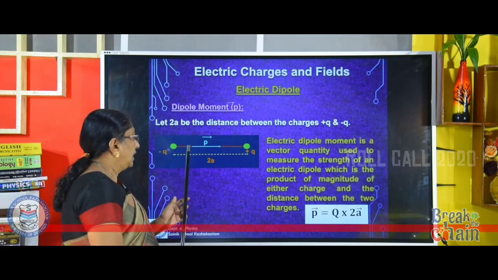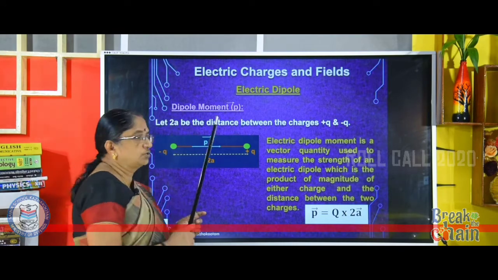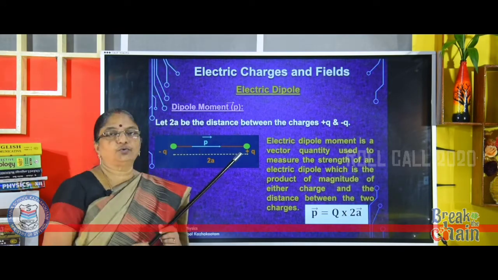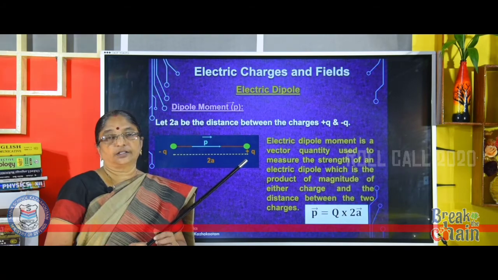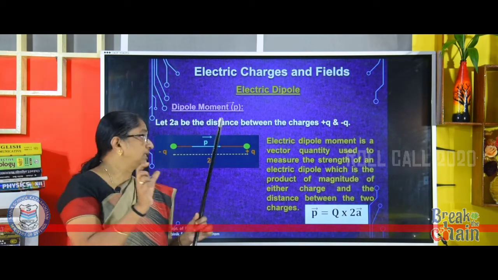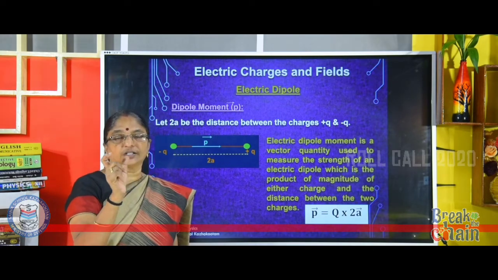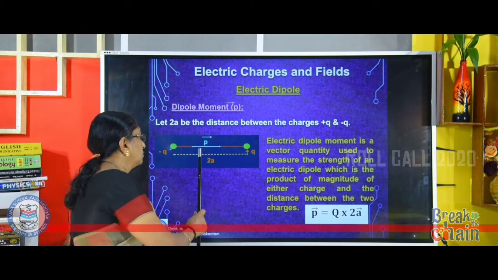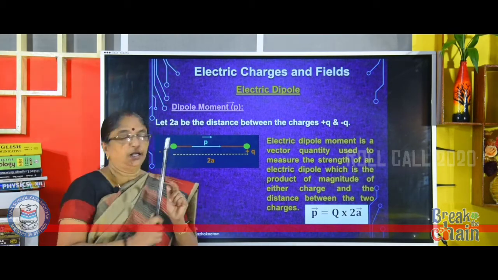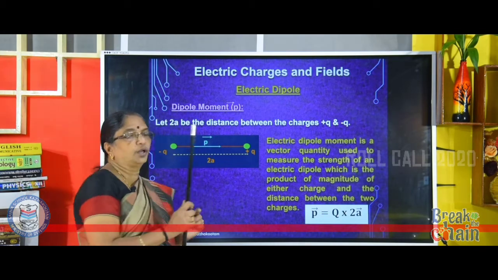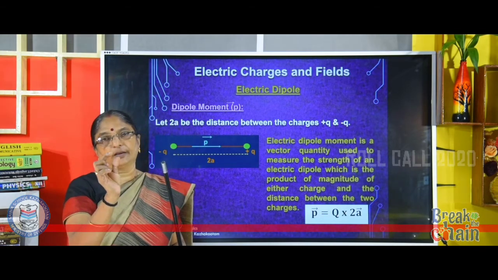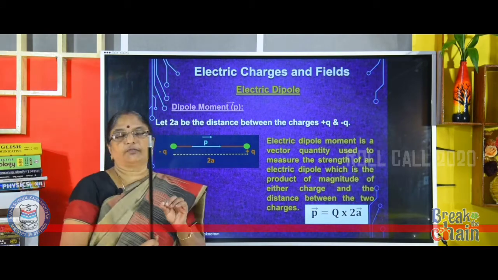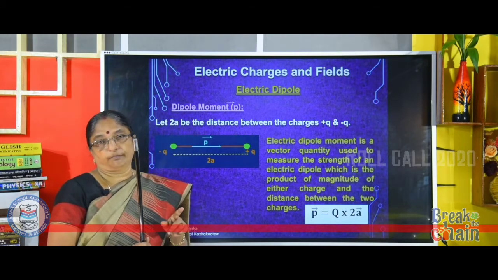So, let minus q and plus q be separated by a distance of 2a. That is a common way of representing the distance between two charges in a dipole, either 2a or 2l. The distance from the center to any one of the charges is a, so the total distance is commonly represented as 2a.